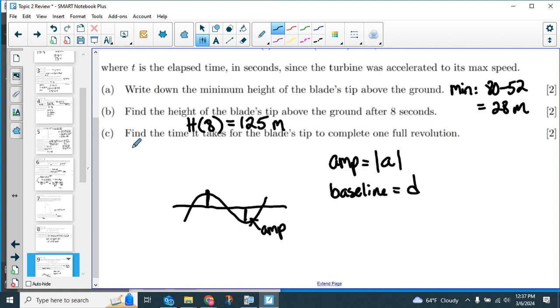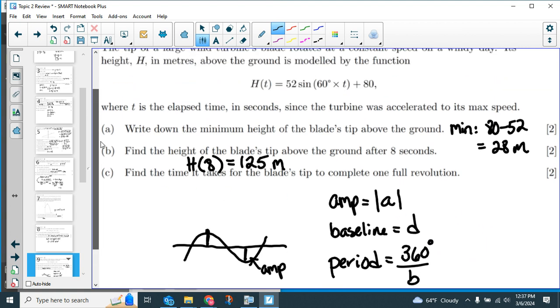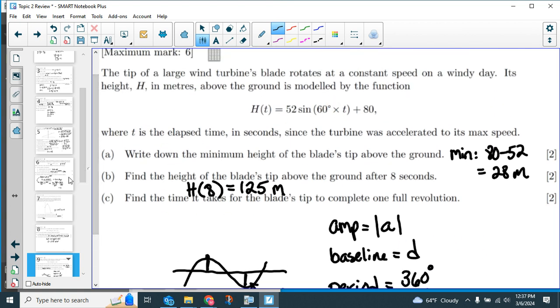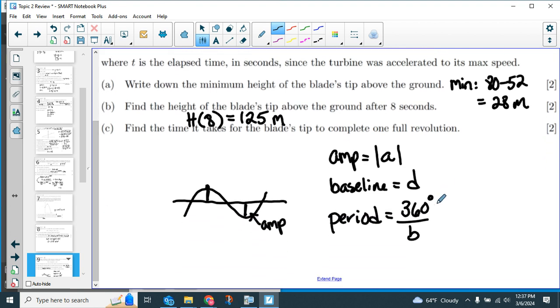All right. Find the time it takes for the blade's tip to complete 1 full revolution. 1 full revolution is period. All right. The period of a sinusoidal function is 360 over b. Technically 360 degrees over b. So in this case, my b is 60, right?